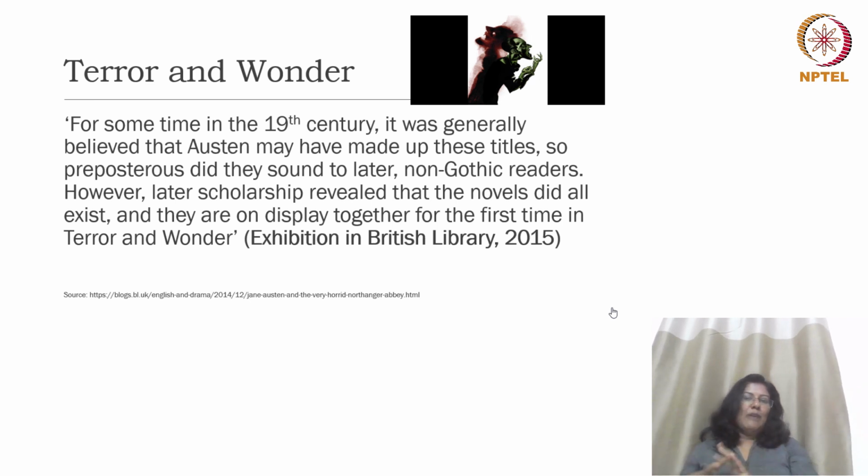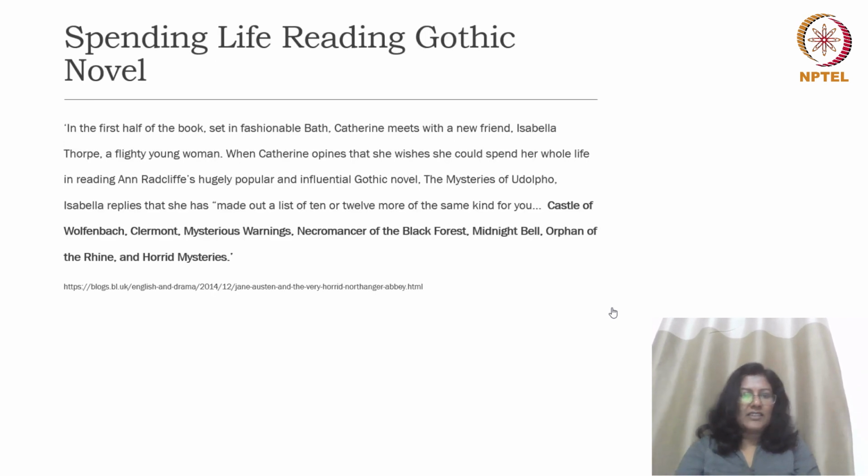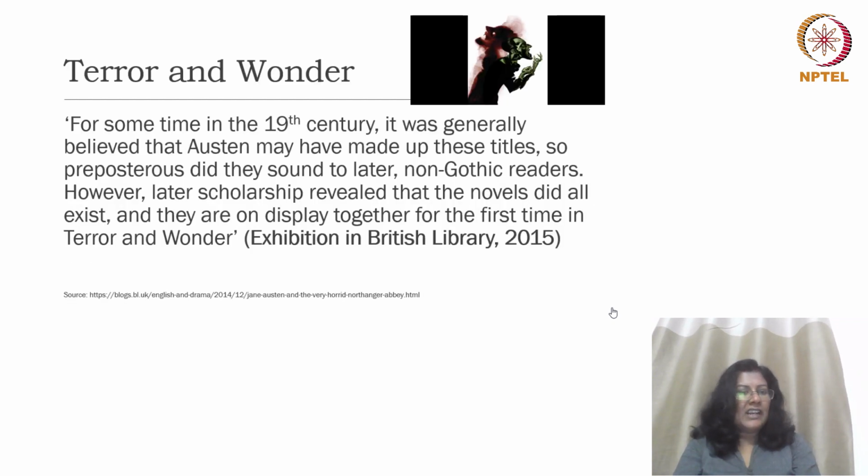So the titles referred to in the slide are not made up by Austen. They were actual texts circulating in that period, and they were all on display in the exhibition run by the British Library in 2015.